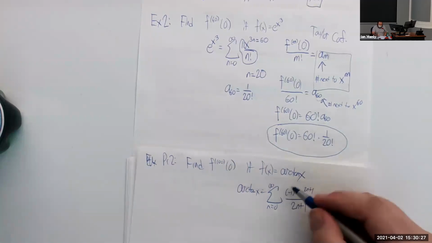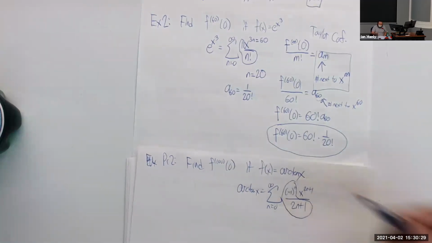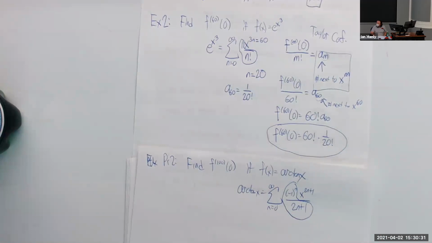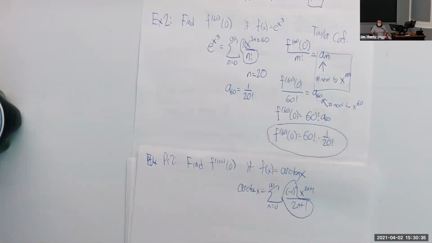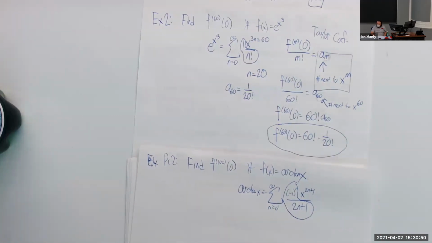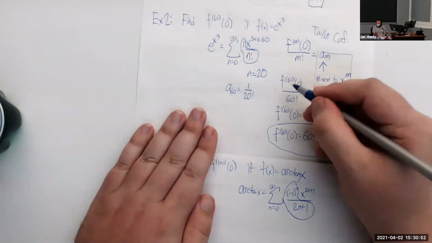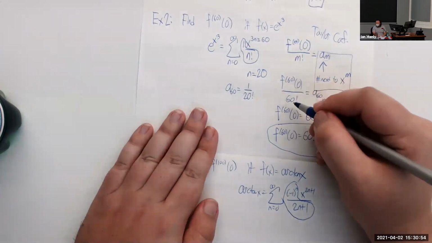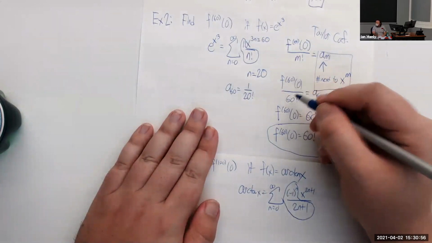So this would be your coefficient. Is then 99 over 2. Wait, why was 60 factorial m factorial? Because we wanted the 60th derivative. So we plug in 60 for this factorial as well.